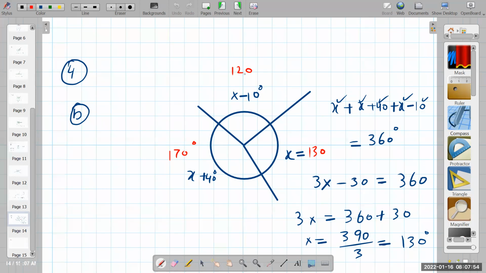So X minus 10 will be equal to what? 120. And X plus 40 equal to what? 170. Oh, okay.